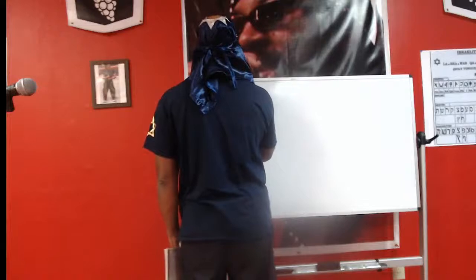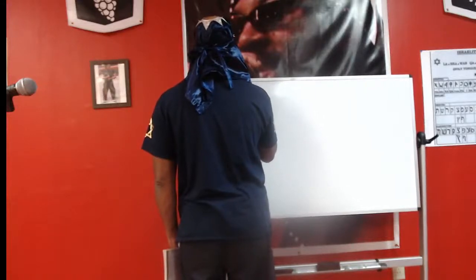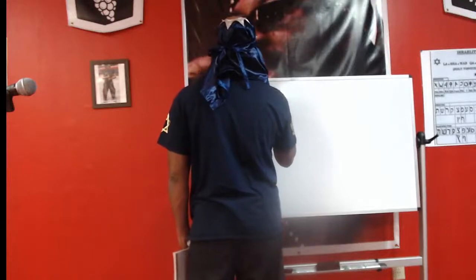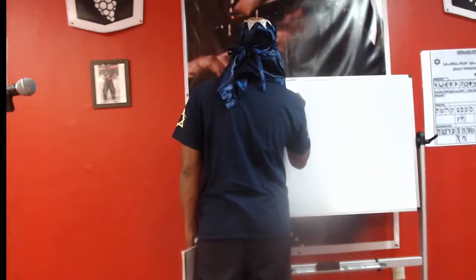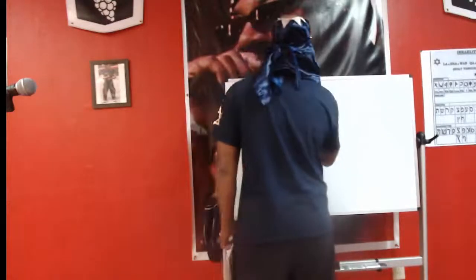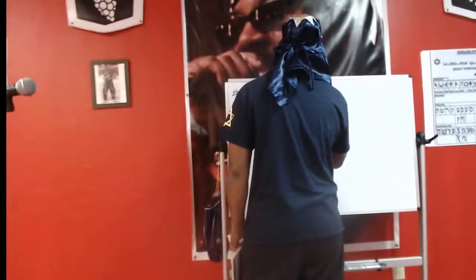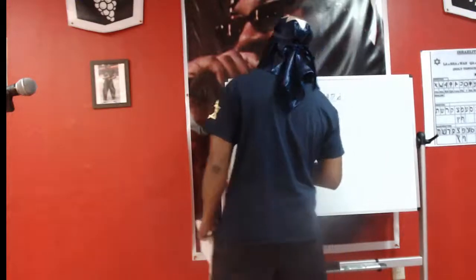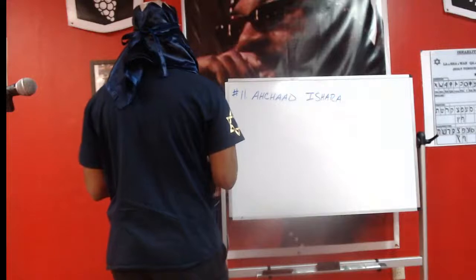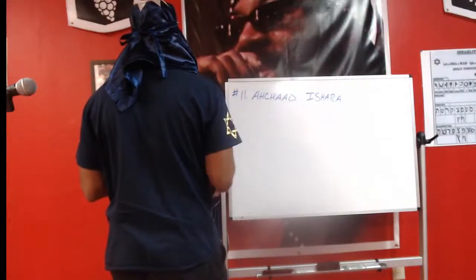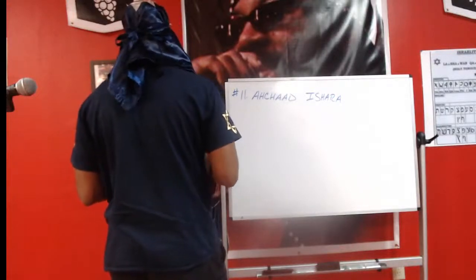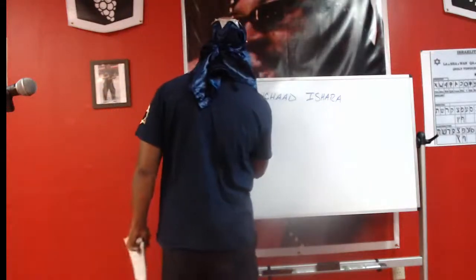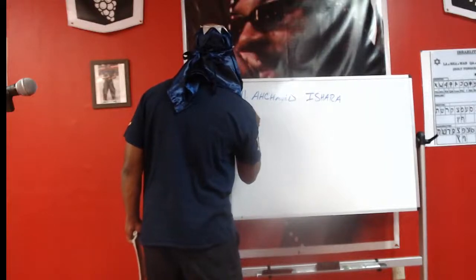So then, 11 is Akkad I.S.U.P.K. Okay, so then, if 11 is Akkad I.S.U.P.K, then 12 would be Shanya I.S.U.P.K. Very good. Cool.